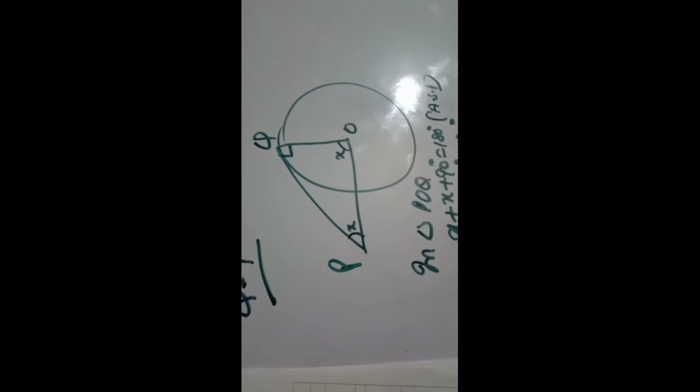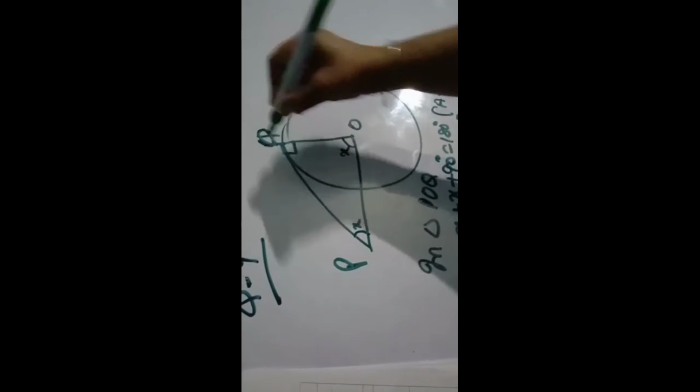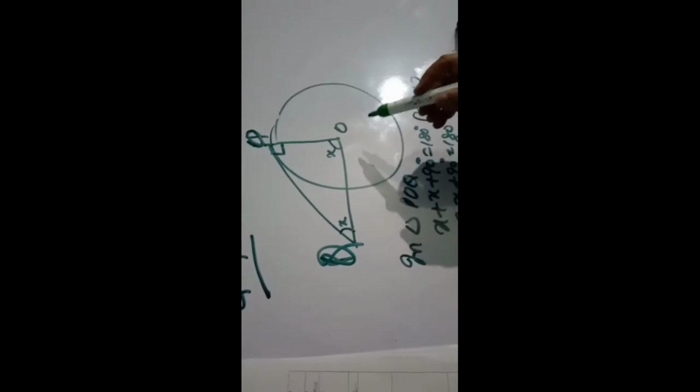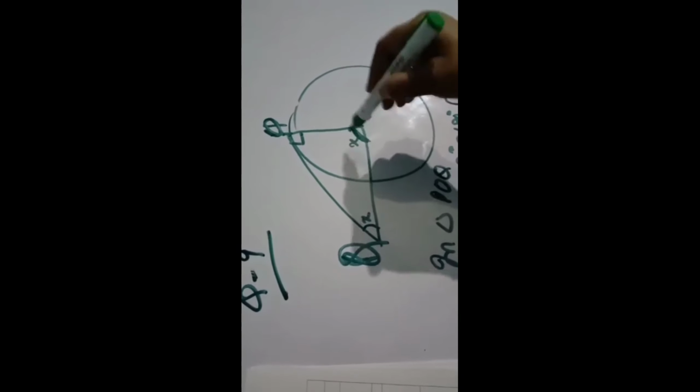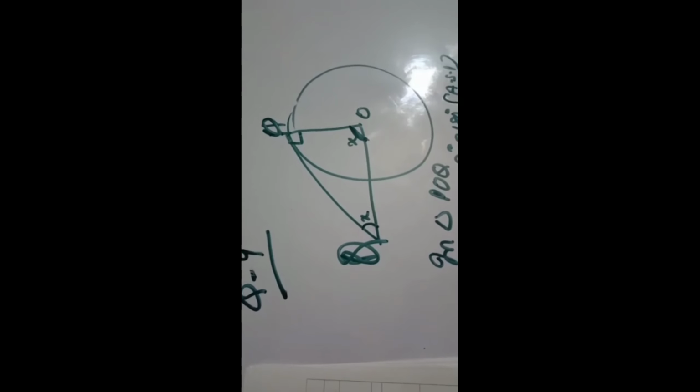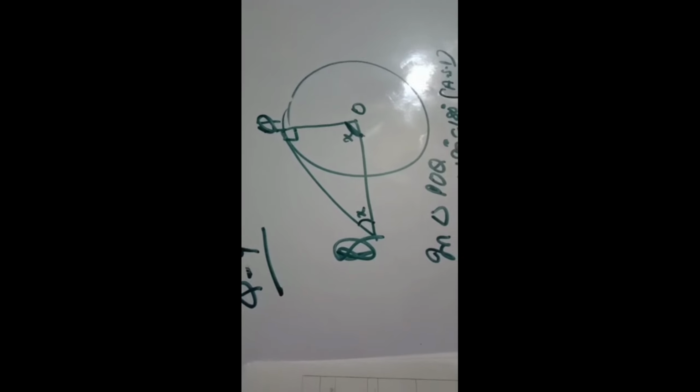They are saying this is P, this is Q. So you want to find the angle at Q, this angle they want to find. This is already x. So x you found is 45 degrees. So OQP will come 45 degrees.